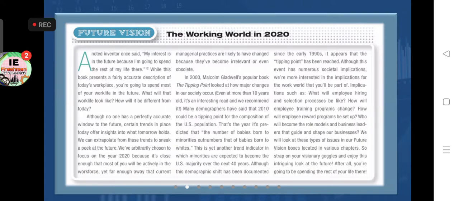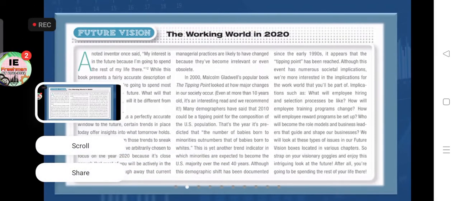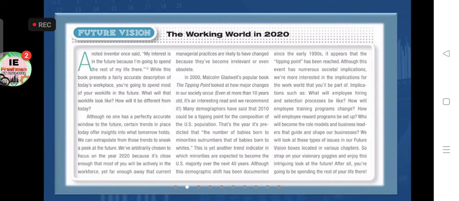So the working world in 2020, it's no longer the future because it's 2022 now. A noted inventor once said, "My interest is in the future because I'm going to spend the rest of my life there." While this book presents a fairly accurate description of today's workplace, you're going to spend most of your work life in the future.